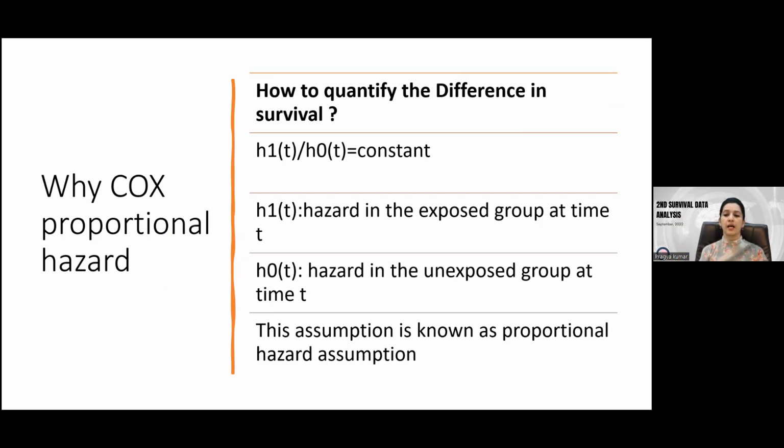In Kaplan-Meier, we only see the median survival time. And we have seen why we take the median over the mean: because of skewness, and because if we observe only 50% of the data, we can still have the median survival time. So in Kaplan-Meier you can have a median survival time, but you cannot have a risk.